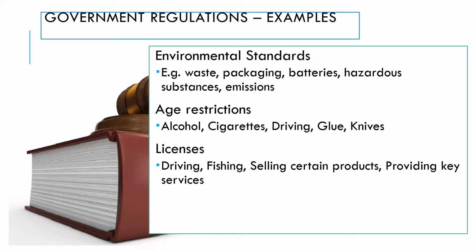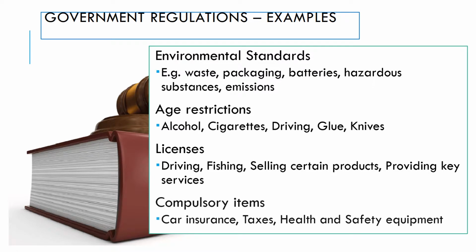Requiring people or businesses to have licenses in order to operate can be an example of a government regulation. Making certain things compulsory, like car insurance, paying tax or health and safety equipment, again can help reduce some of the market failure outcomes.